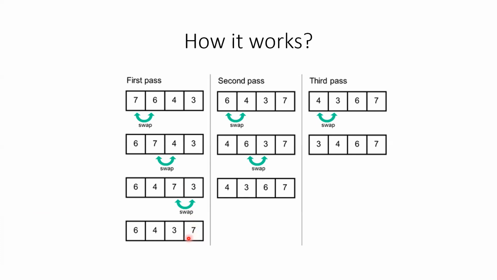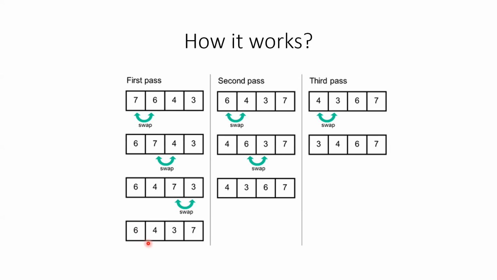The point to be observed here is that after one pass, we will have the maximum element of the array stored in the last position, the last index of the array. Here in this array, 7 is the greatest element, and it gets its correct position.